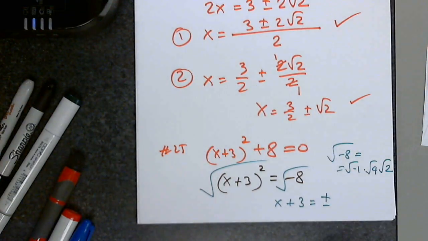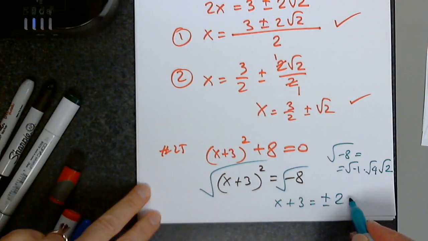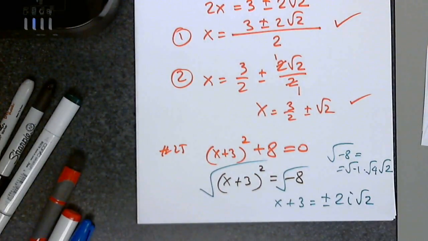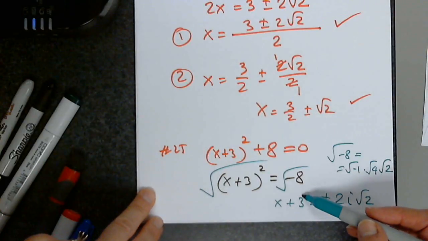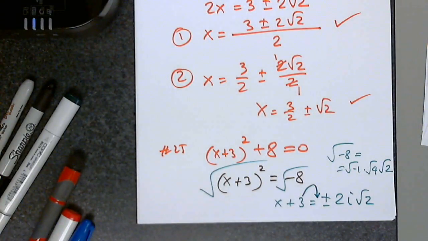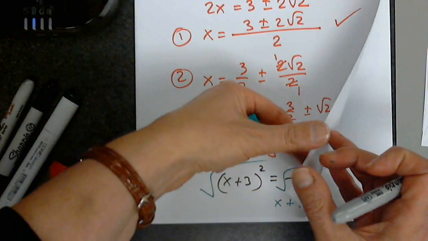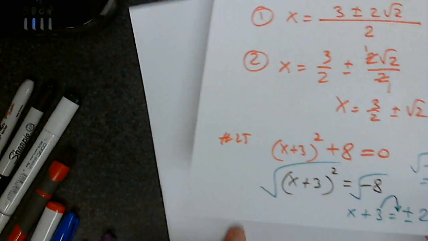Plus or minus 2i, exactly, 2i the square root of 2. The only final step that I have to perform is put 3 between this equal symbol and plus or minus. Nowhere else. Any questions on this?